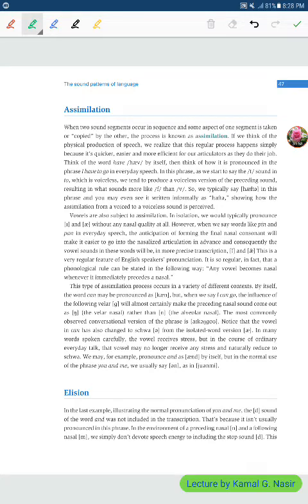Phenomena is the plural, and the singular is phenomenon. So these two, assimilation and elision, are two phonological phenomena which came as a result of co-articulation or spontaneous and fast speech.